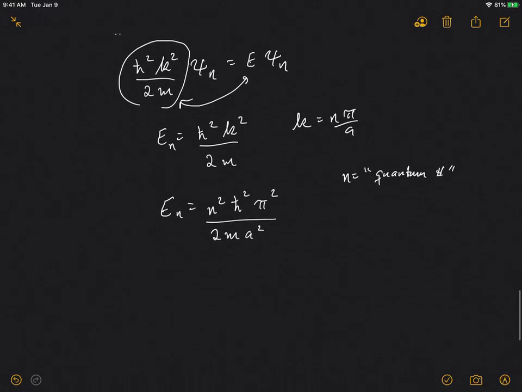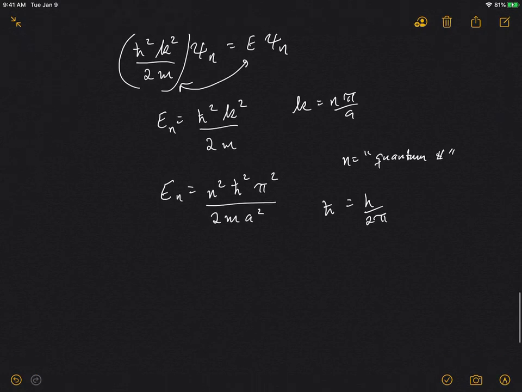Now there's a little bit of simplification that we can do, because h bar is h over 2 pi. Anytime we have a product of, say, pi squared times h bar squared, we might want to switch to h and do some cancellation.